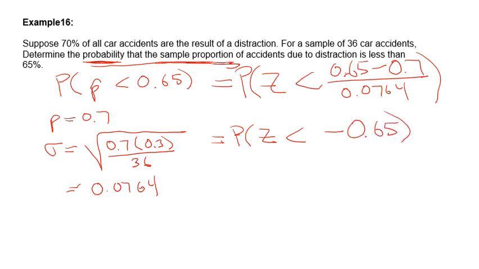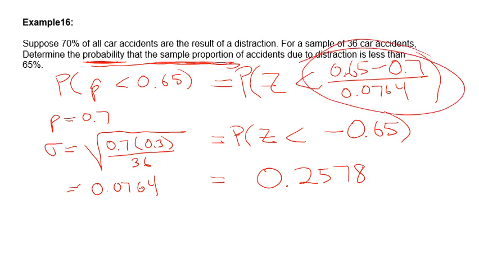This is exactly what the table tells us. So we look the number up in the table, and we get 0.2578. So again, probability about the sample proportion, let's get to the table. Subtract the mean, divide by the standard deviation. And again, for proportion, standard deviation is square root of p times 1 minus p over n.